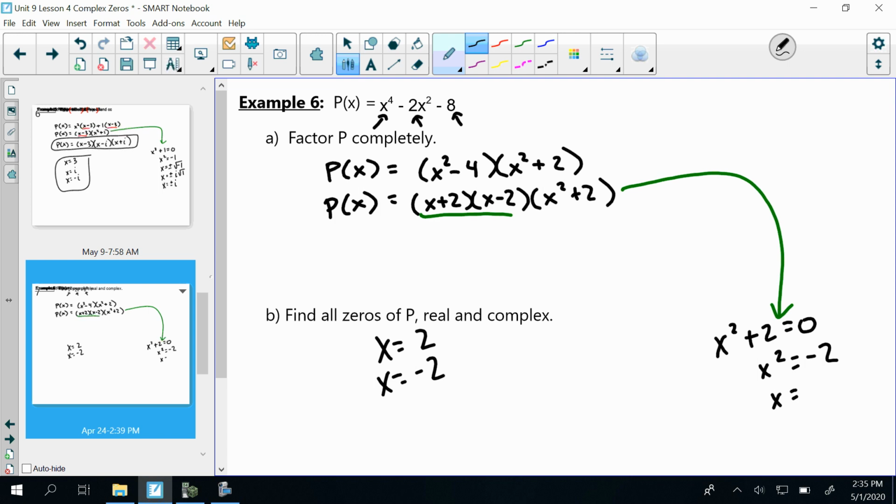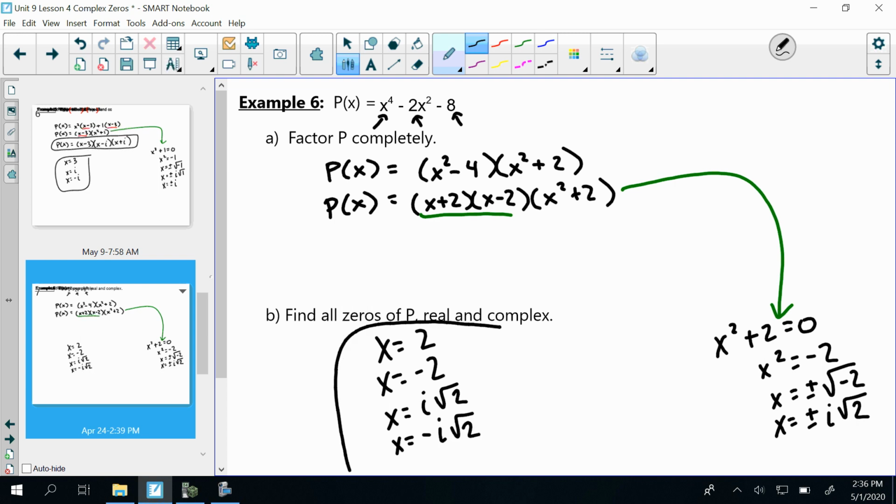Take the square root, so we get plus or minus the square root of negative 2. We know with that negative there, these are going to be imaginary, so pull out the i. And the square root of 2 doesn't simplify, so our two other zeros here are i square root of 2 and negative i square root of 2. So those are our 4 zeros.